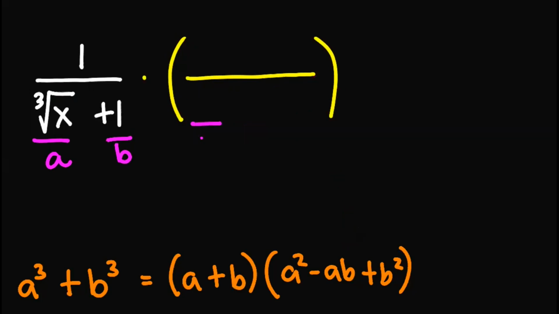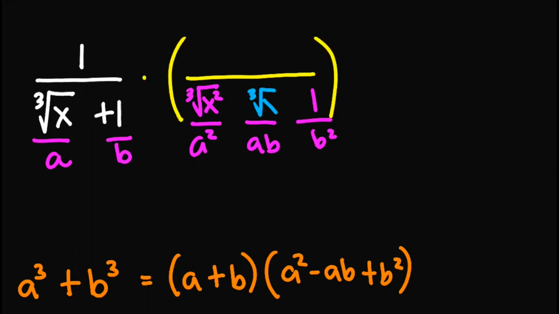So we've got a squared out here, which is the cube root of x squared. Then we've got b squared out here, which is 1 squared, or simply 1. And then we have ab out here. Multiplying these two, that will simply be the cube root of x. Copy the signs. And we have this.